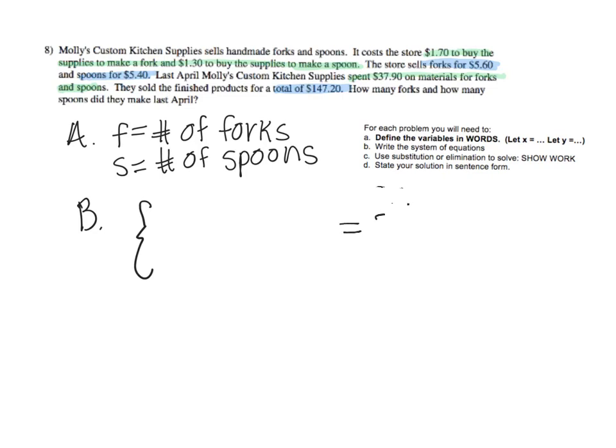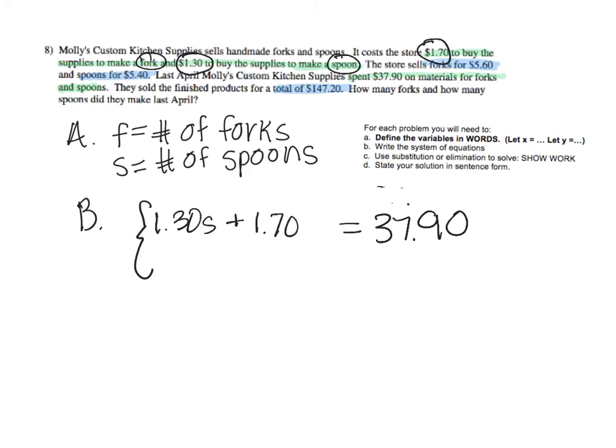And I have $1.30 to buy supplies to make a spoon. So $1.30 S plus $1.70 to buy the supplies to make a fork. So plus $1.70 F equals $37.90.